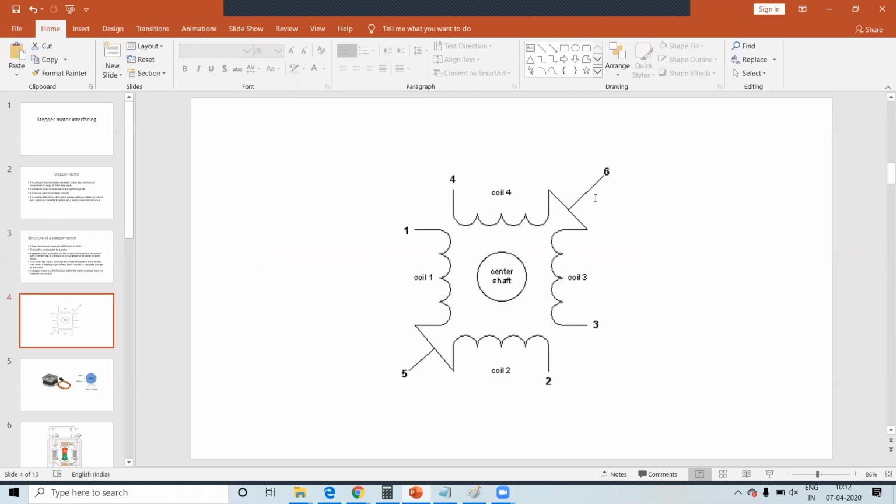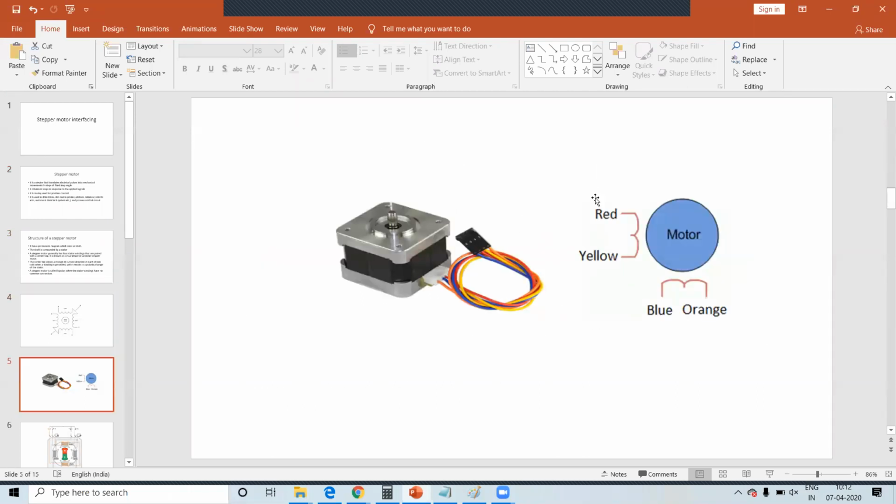Now, this is a stepper motor, which you can see now. There is a shaft which rotates either in clockwise direction or in anti-clockwise direction as per the programming done. Now, there are 4 inputs which are to be connected.